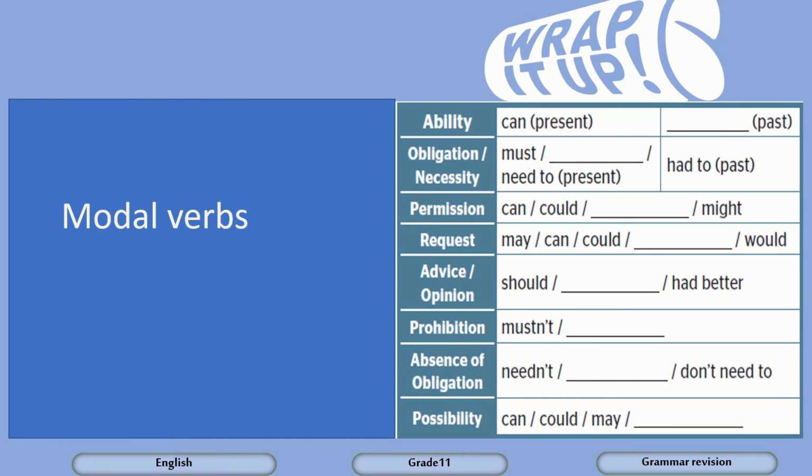Now move on to the last rule, the modal verbs. Can you tell me what are the modal verbs that express ability? When you say I am able to, can, or in the past I was able to, could.